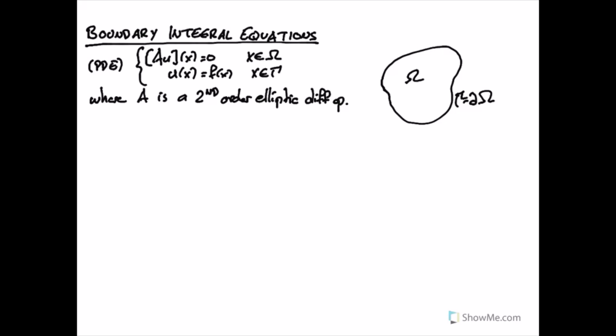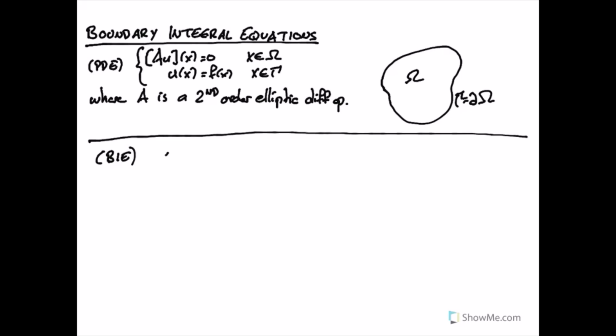So the idea then is that in many situations you can write an equivalent equation. So instead of working with a PDE, we can formulate a boundary integral equation. This is an equation that involves a different unknown function that we call sigma of x, and a typical equation would look something like this.